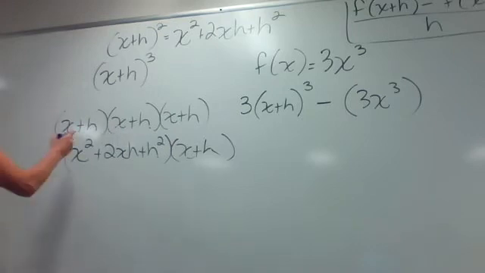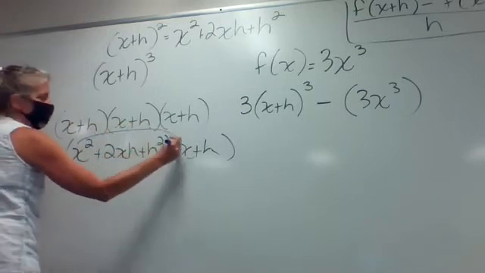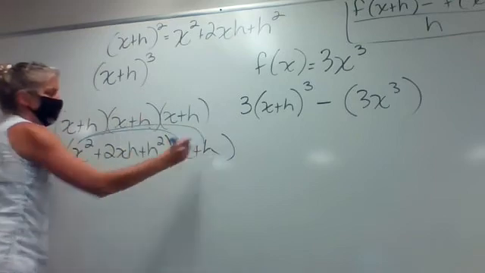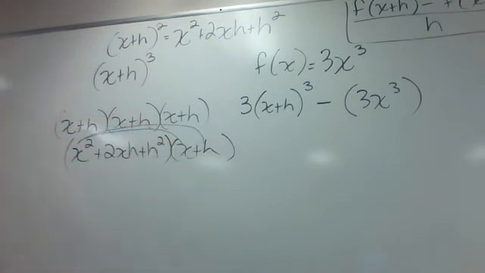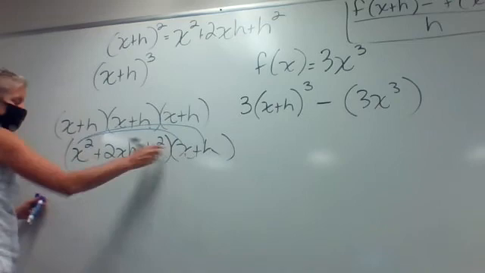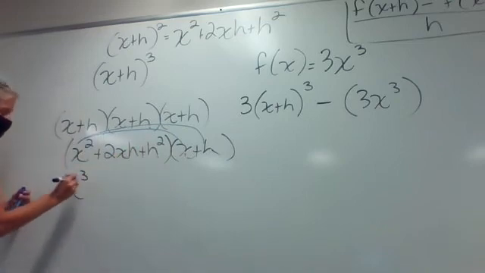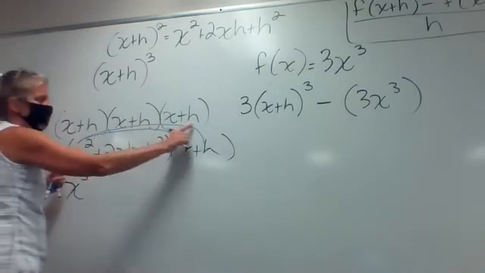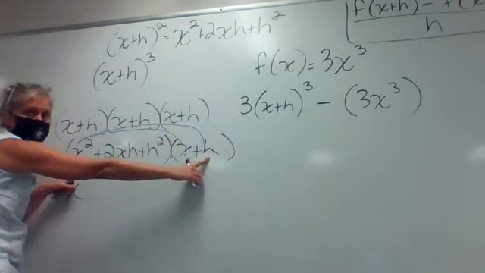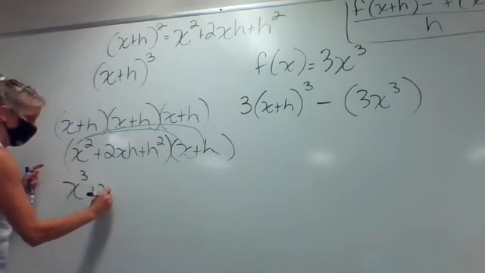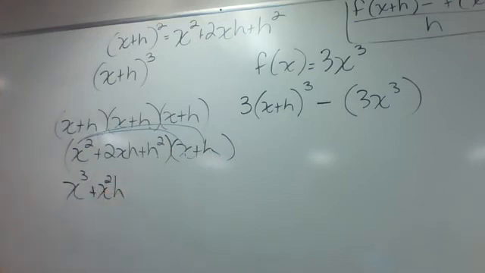Actually, you're just going to watch me do it once. So x squared goes to both of these. X squared times x gives me x to the third. Then I have x squared times h, which is just x squared h. So I'm done with the x squared.